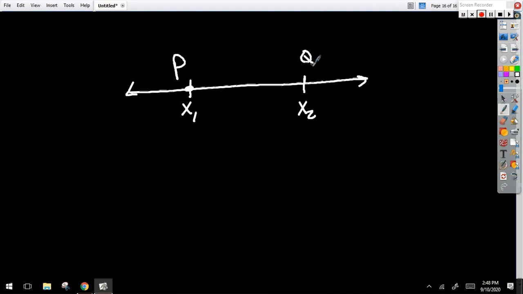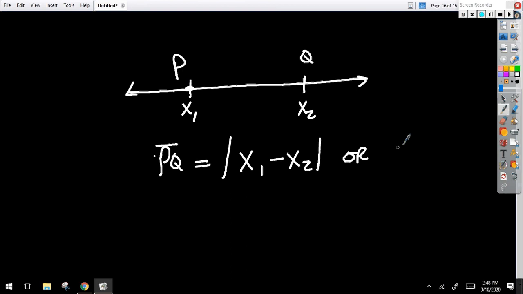So to find the distance or the length of PQ, I want to do the absolute value of x1 minus x2, or I could also say x2 minus x1. Absolute value, right? Because absolute value is most definitely describing distance, because it's always positive. Last concept here, to find distance on a number line is easy.